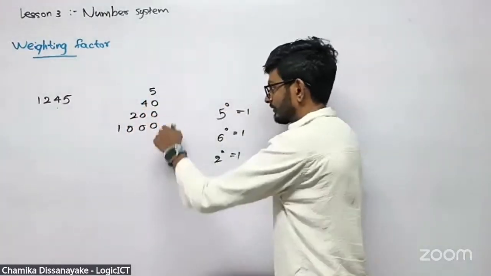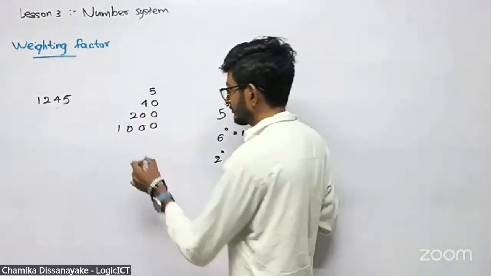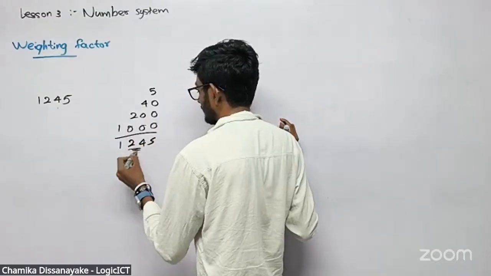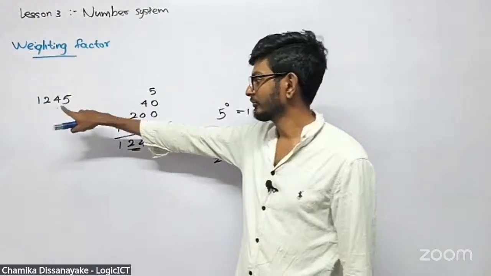If we add these numbers, we will have what? 1245. This is the way we get this number.